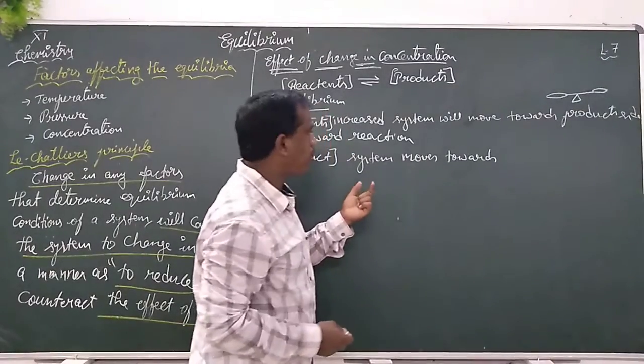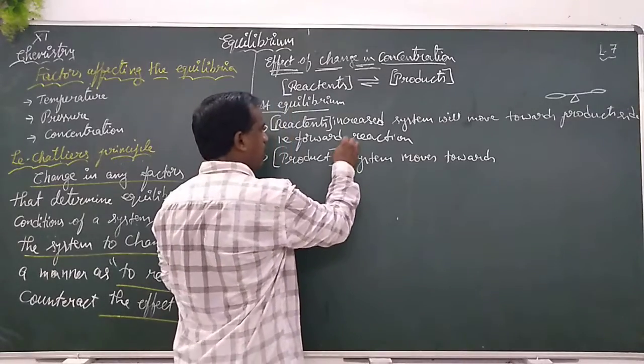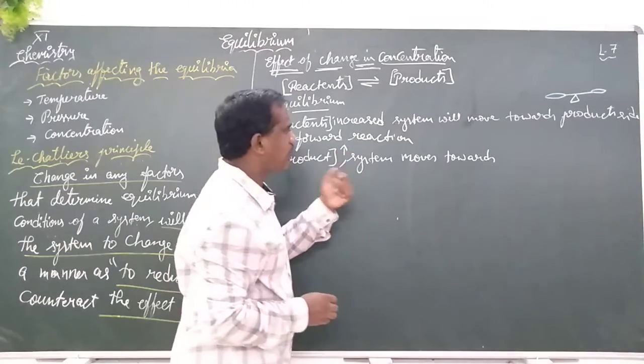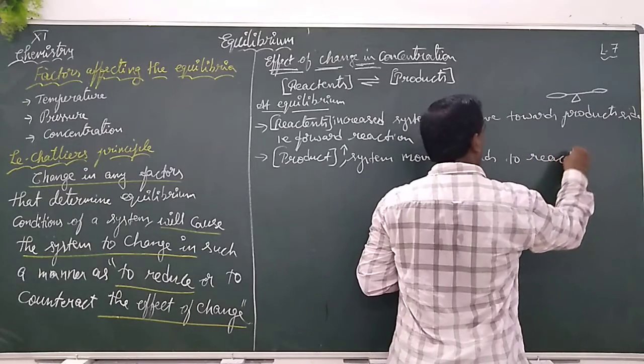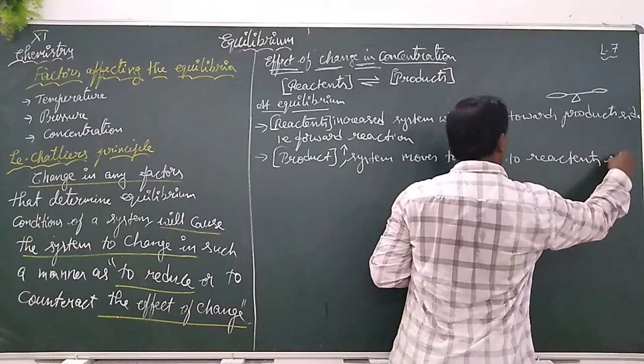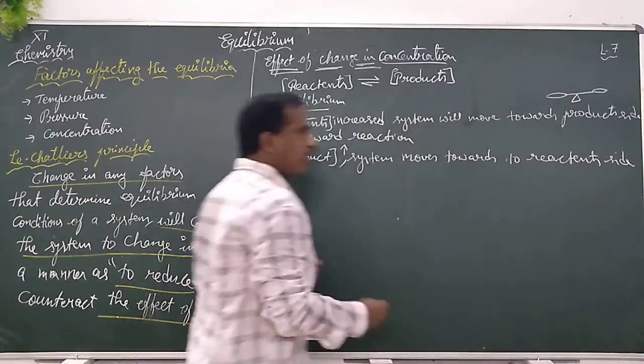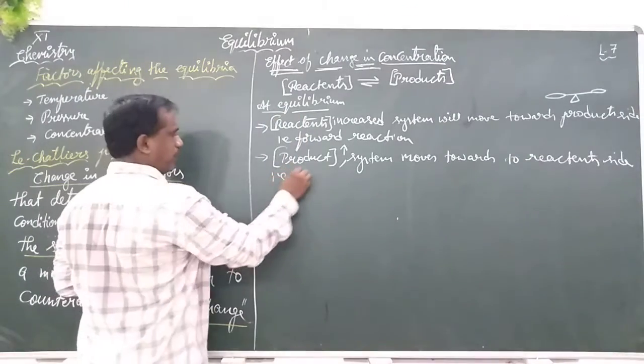When the concentration of products increases, the system moves towards the reactant side. That is, the backward reaction takes place.